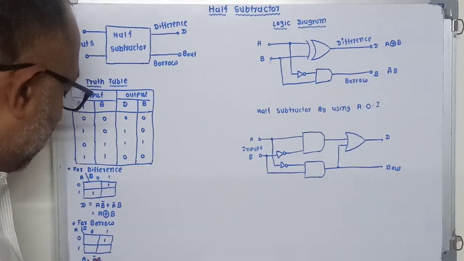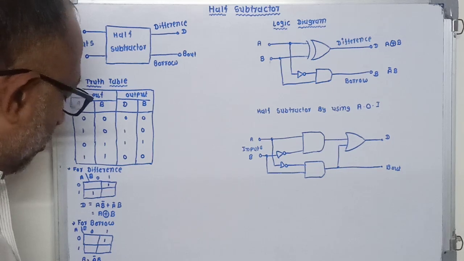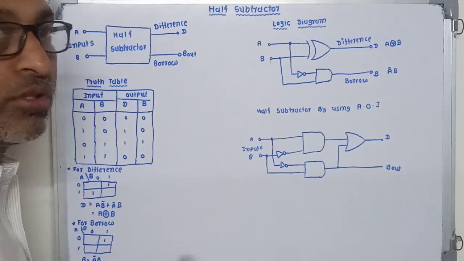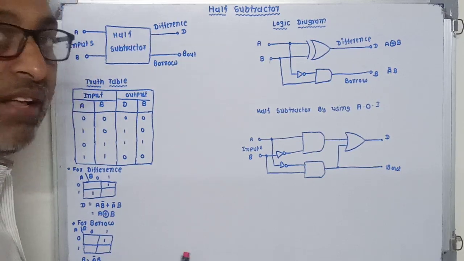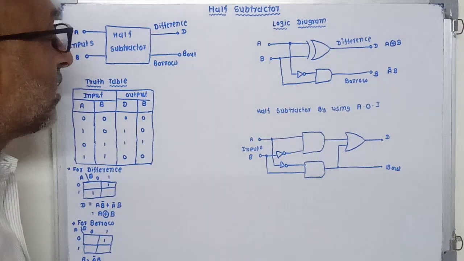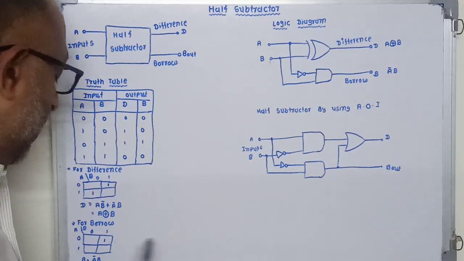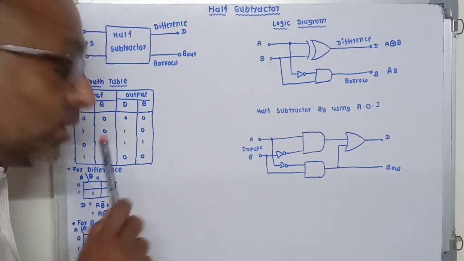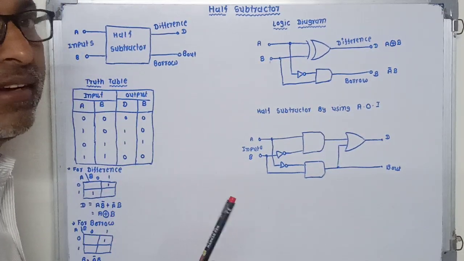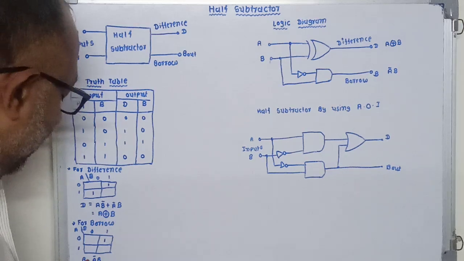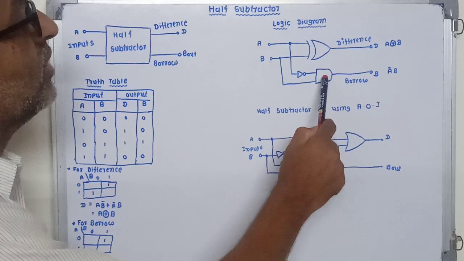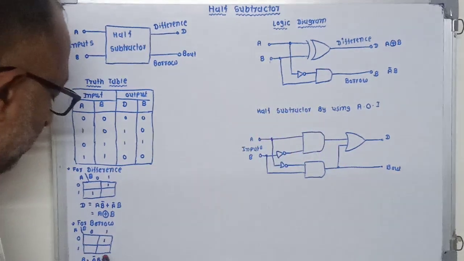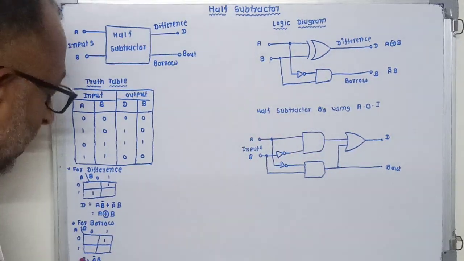Now for this borrow operation, it has two inputs, but they are multiplied with each other. Already we have seen that for multiplication an AND operation is required. So here I am taking one AND gate, and it has two inputs, A and B. B is directly connected, but we require A bar.